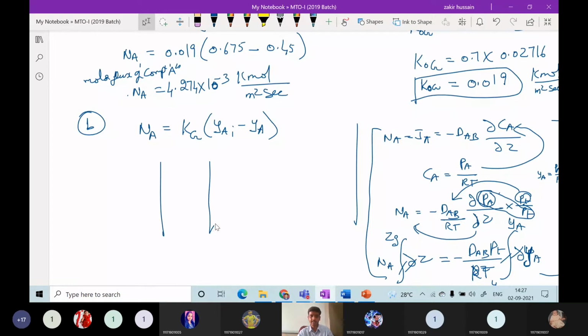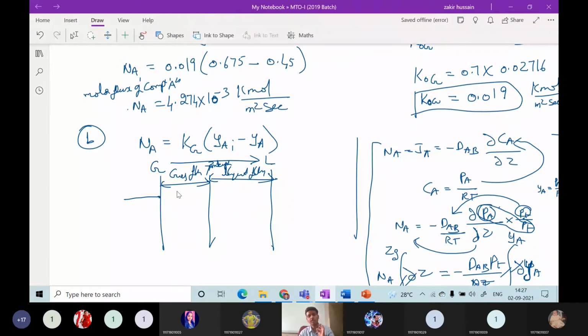Shortcut is nothing but just see. If mass is transferring from gas phase to liquid phase, this will be the liquid film, this will be the gas film, and this will be the interface, obviously. So the profile will be, this will be constant, because this is the bulk of the gas phase.